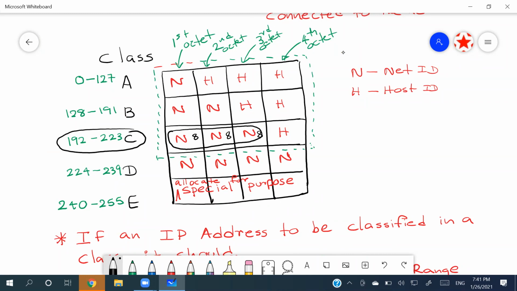So that means the net ID contains 24 bits. So that is why we can determine it as a class full address.